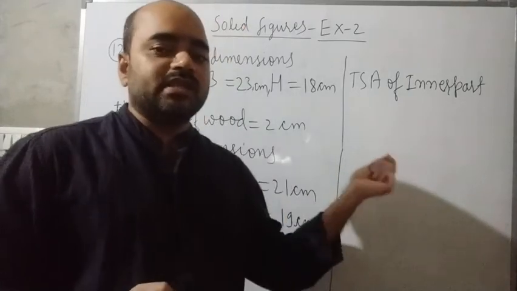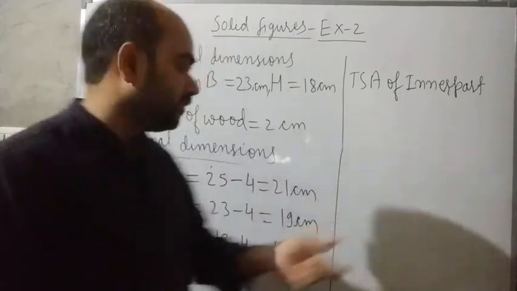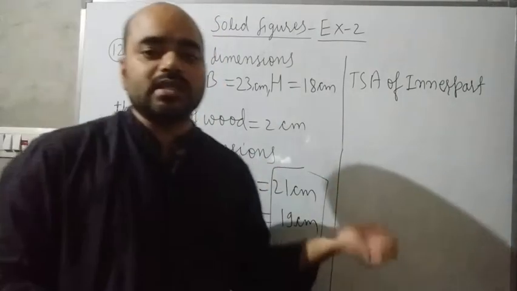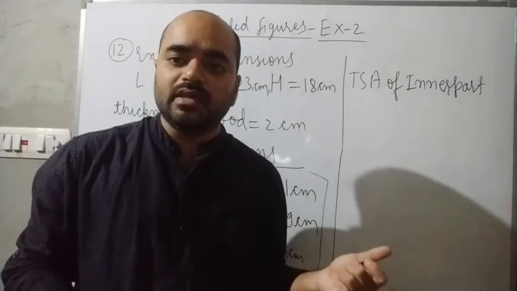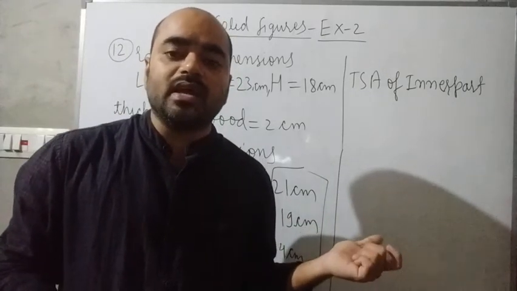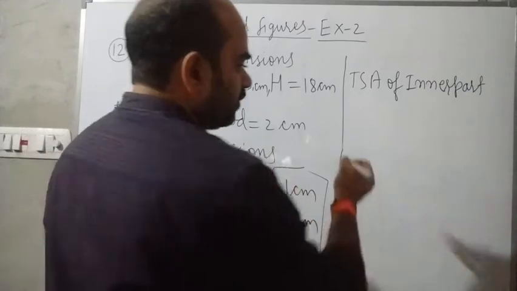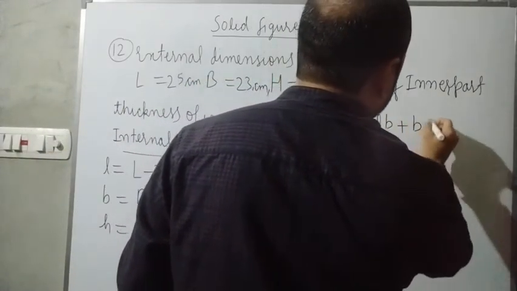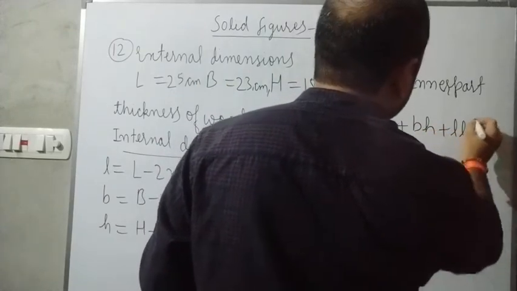But if it is asked for total inner surface area, we will take internal dimensions. When it is asked for total outer surface area, we will take outer or external dimensions. Correct? The formula is the same: 2(lb + bh + lh).